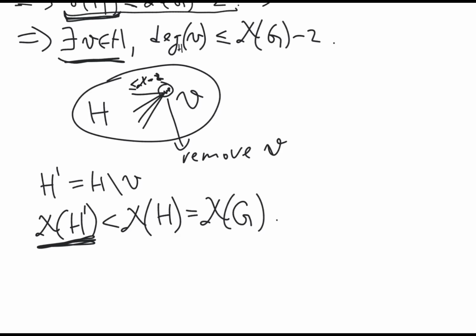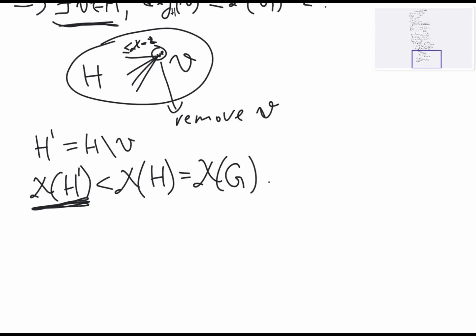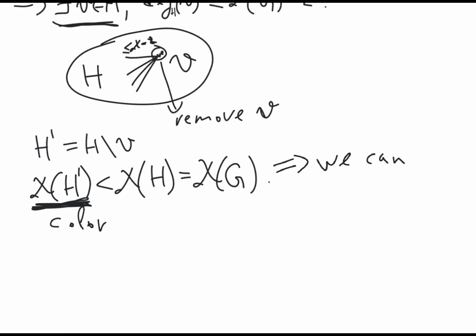If the chromatic number of H prime is strictly less than chi of G, then we can color H prime in chi of G minus 1 colors.